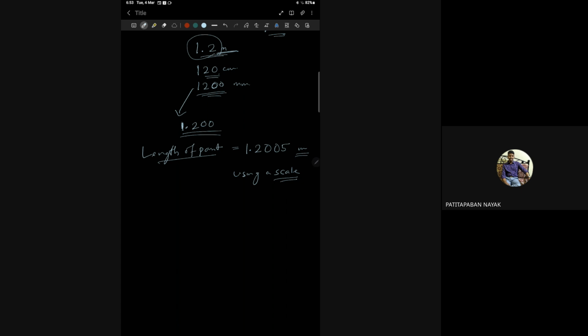The question is, let us say I am writing that the length of my pen is 1.2005 meter. Can I measure this quantity using a meter scale?